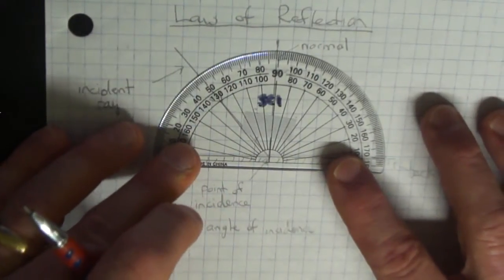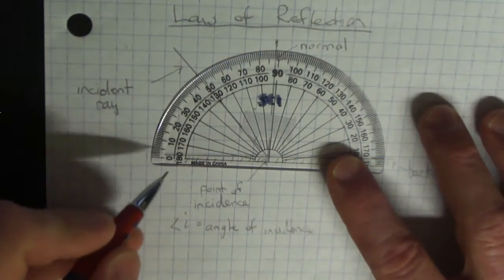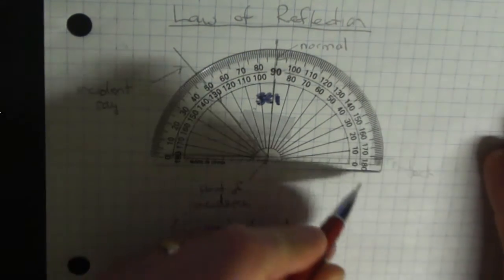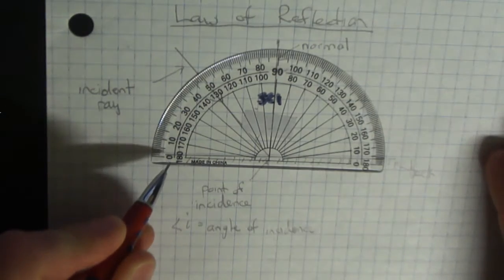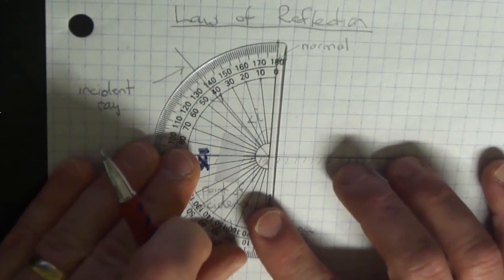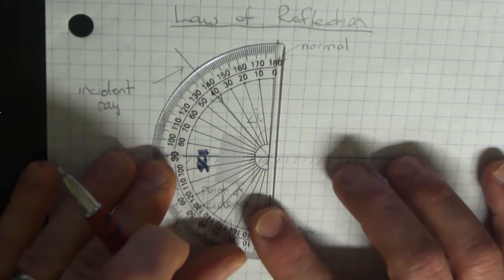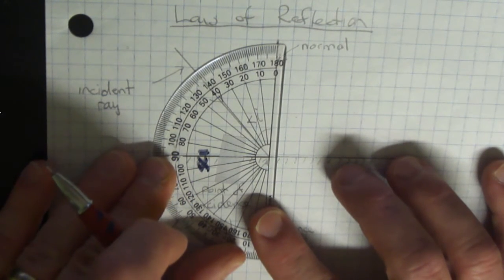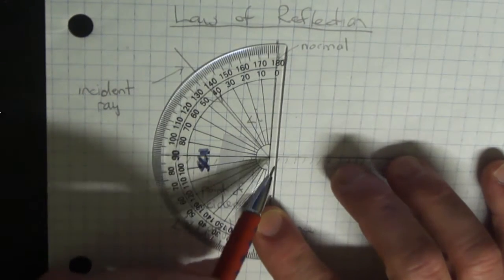I'm not going to use the protractor like this, because notice the zero lines are on either end of the protractor. So I'm going to turn it so that the zero is now on the normal, all right? And the 90 is on the mirror.